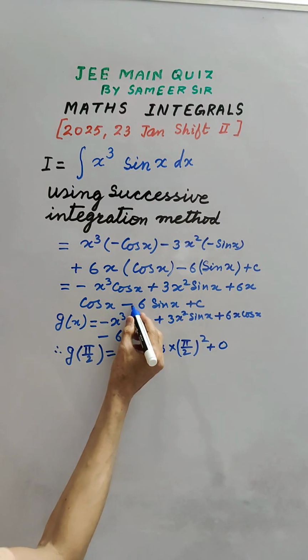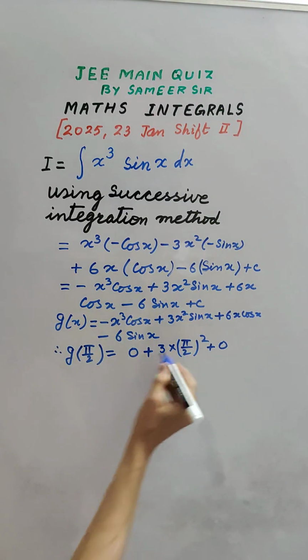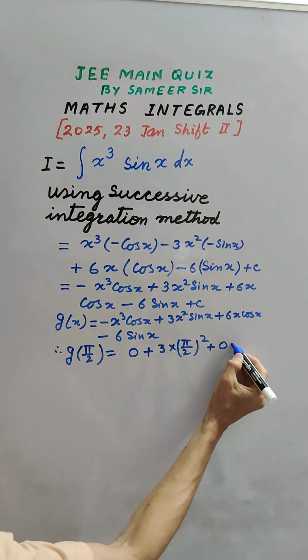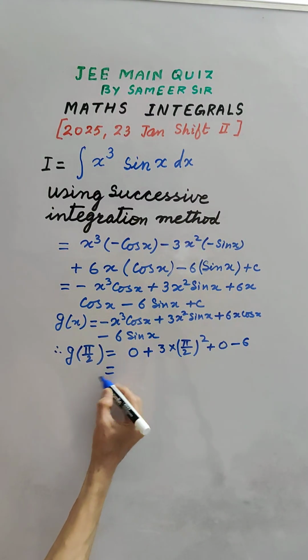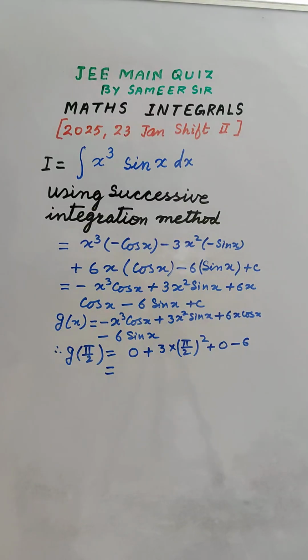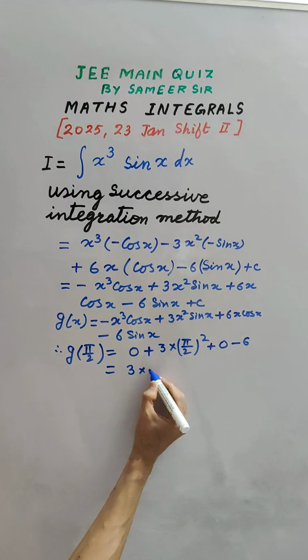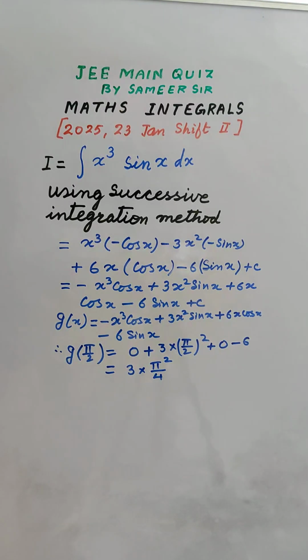Now for this sin pi upon 2 is 1, so that will be minus 6. Minus 6 into 1 means that 1. So that is 3 into pi square upon 4 minus 6.